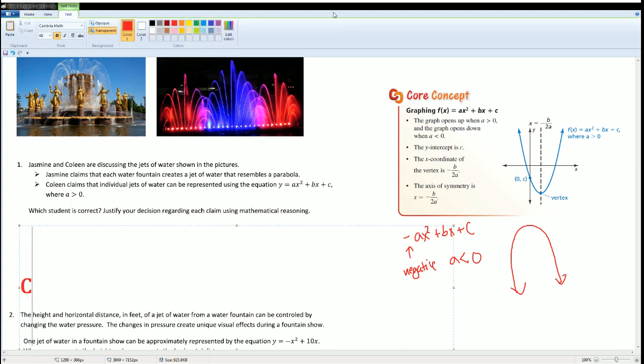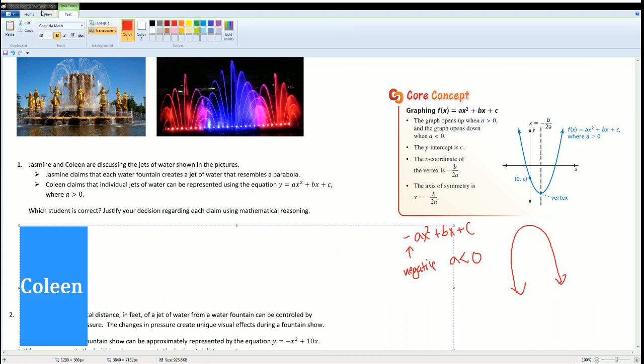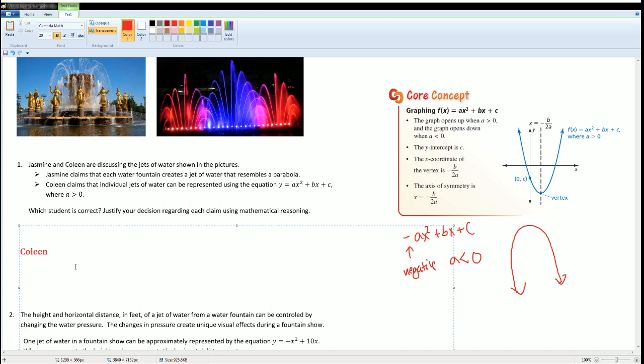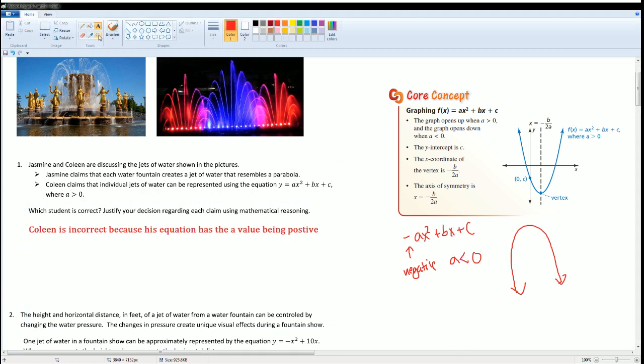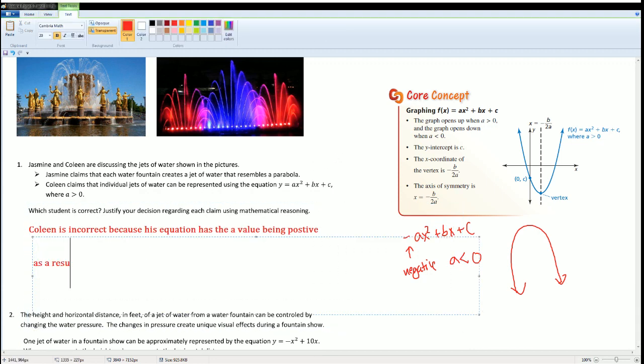I would say Colin is incorrect because his equation has the a value being positive, and as a result, the parabola is going to open up like a smiley face.